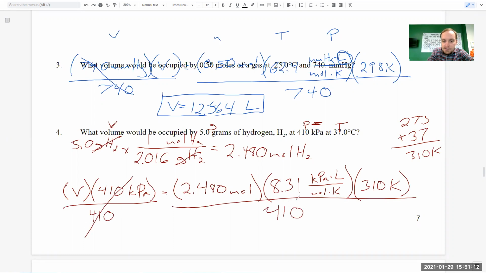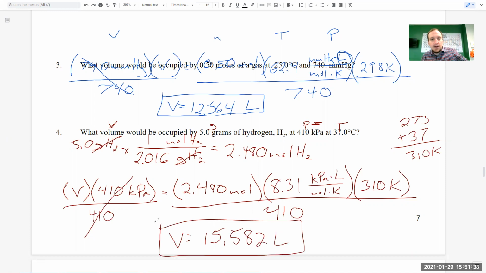Divide this side by 410, and my volume for my gas at the current conditions, not changed conditions, but my current conditions, is going to be 2.480 times 8.31 times 310 divided by 410 equals 15.582 liters. That is our current volume of hydrogen gas given the mass in grams.